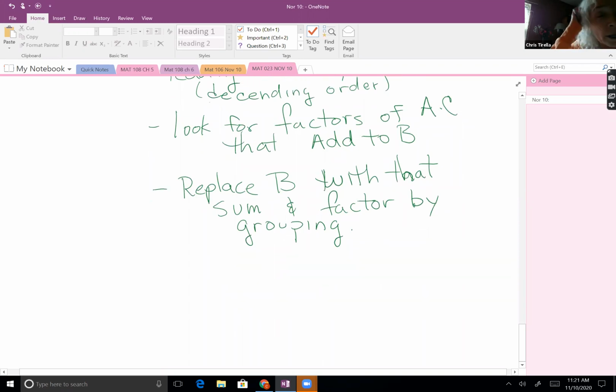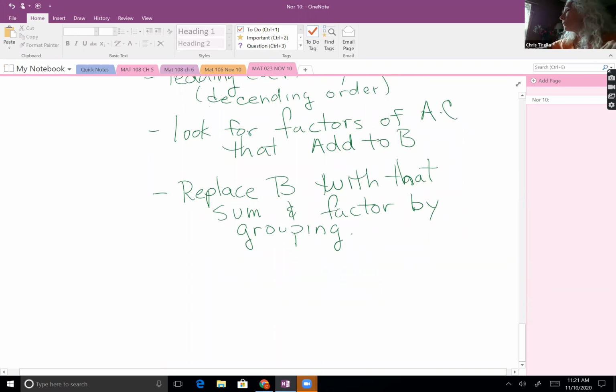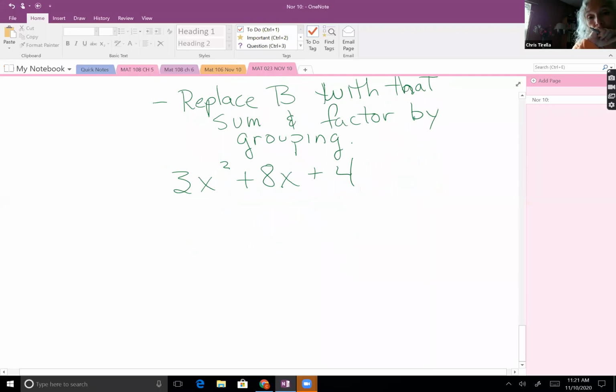Am I scrolling up too fast, or are you guys all right? All right. So let's look at that same problem again this way. 3x squared plus 8x plus 4. That product, a times c, would be 3 times 4, which is 12.